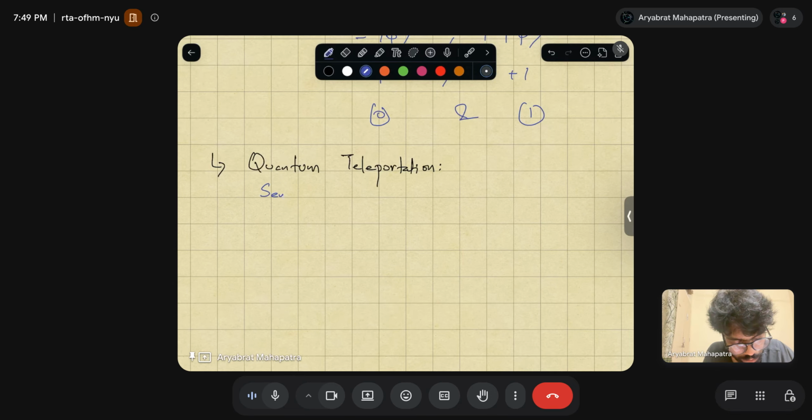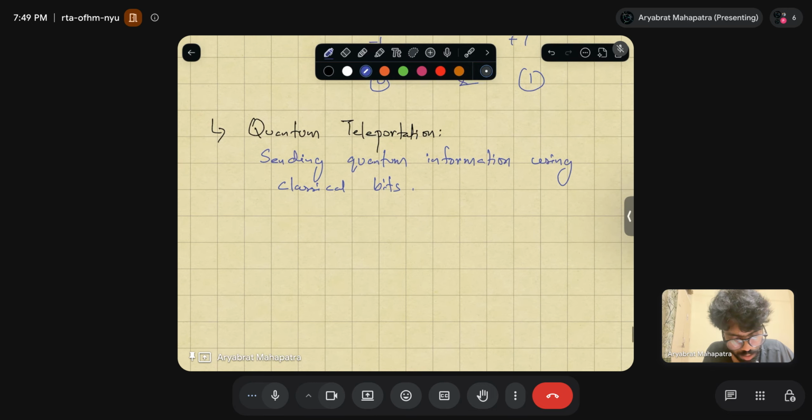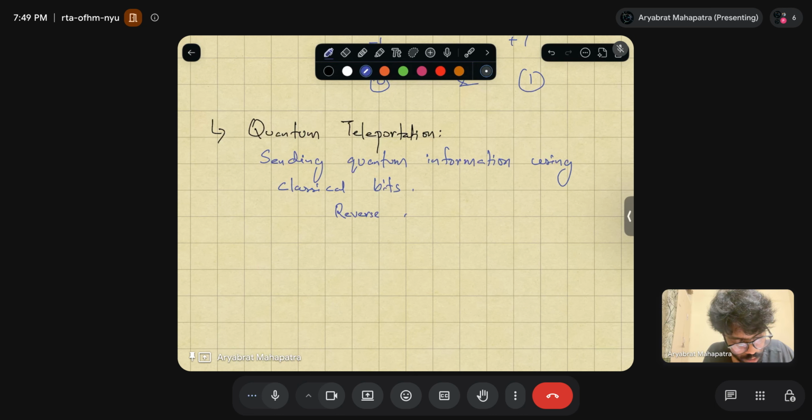This is sending quantum information using classical bits. This is the reverse of dense coding, which we talked about just now.